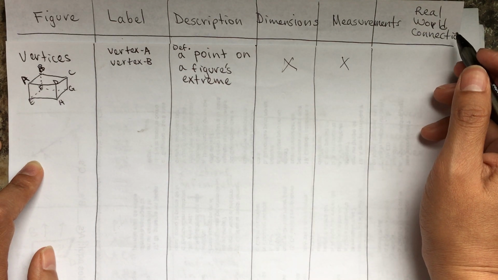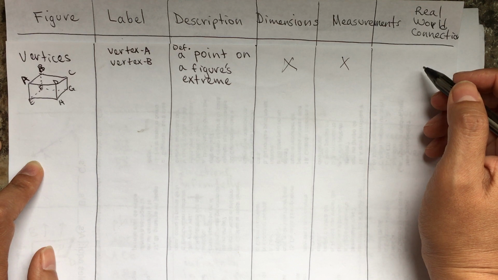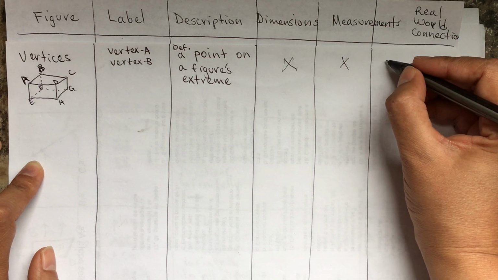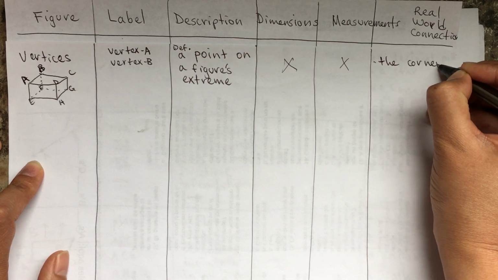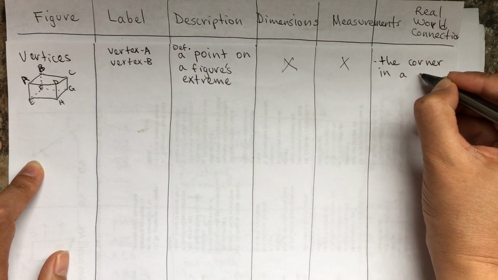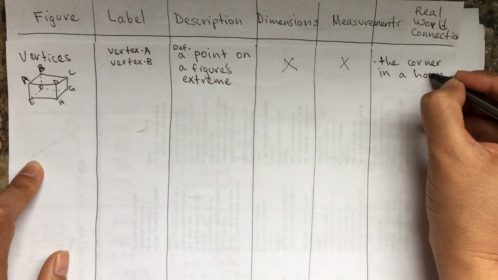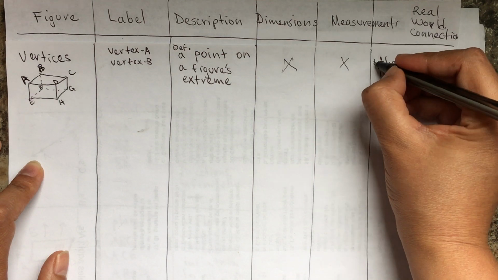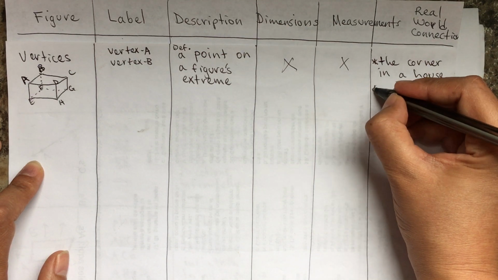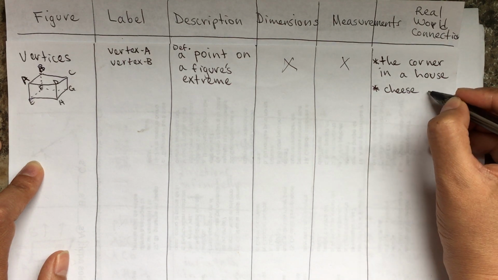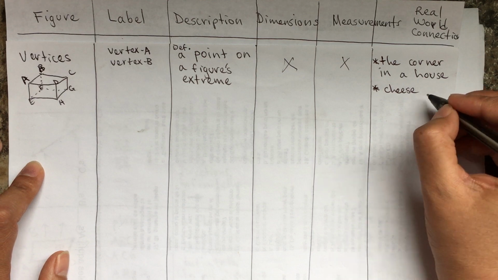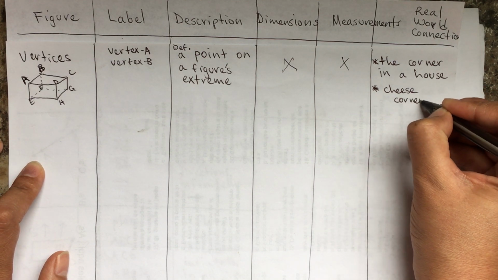Real world connections: the corner in a house, also when you have cheese, the corners in there as well.